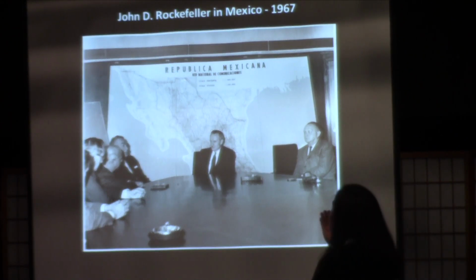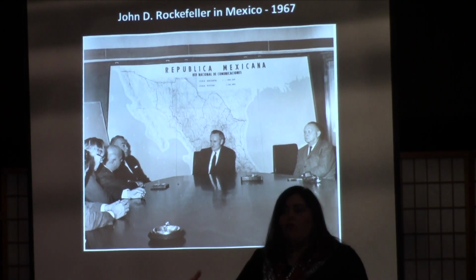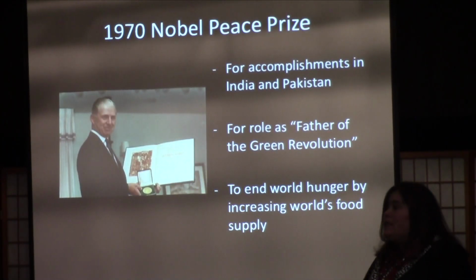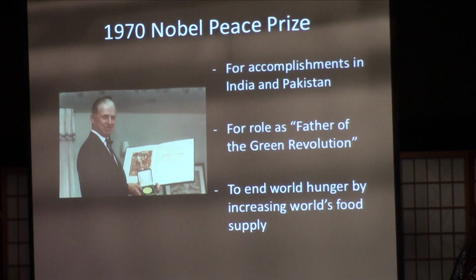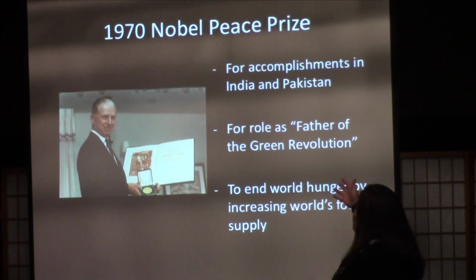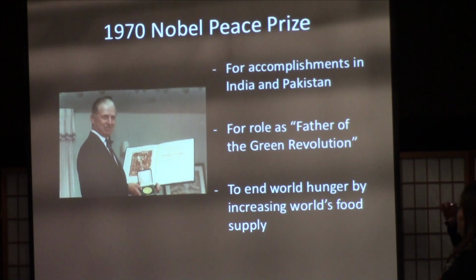John D. Rockefeller goes to Mexico in 1967 to celebrate the success of what has happened in these research stations. And in 1970, Norman Borlaug is awarded the Nobel Peace Prize for ending world hunger. And he's named the father of the Green Revolution, this incredibly technological change.